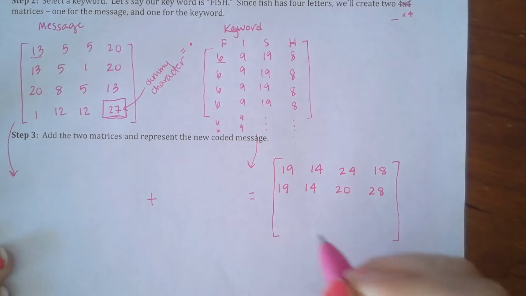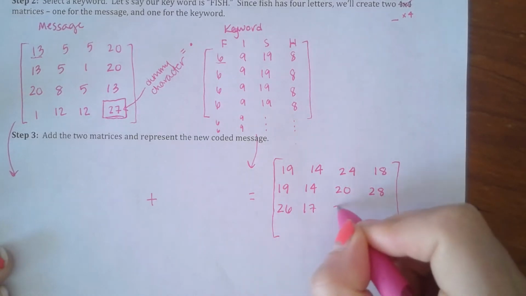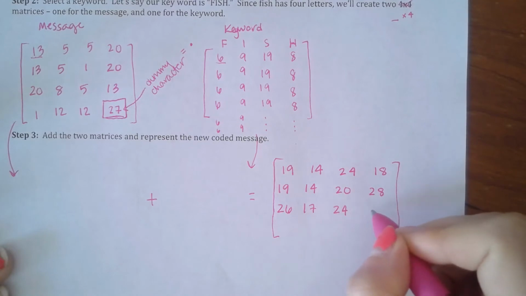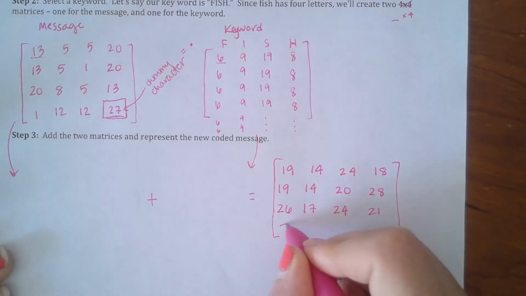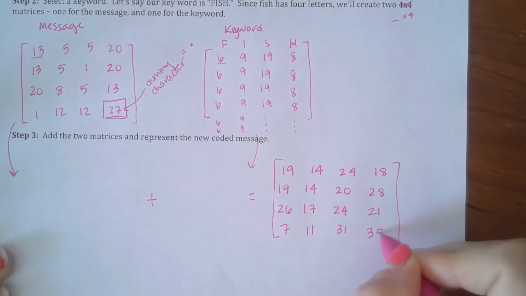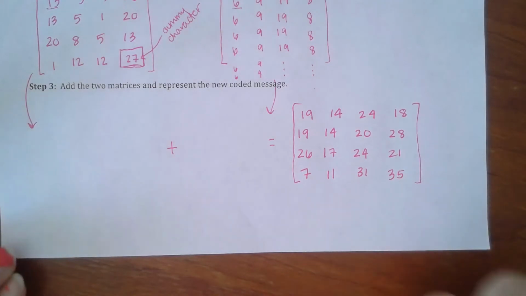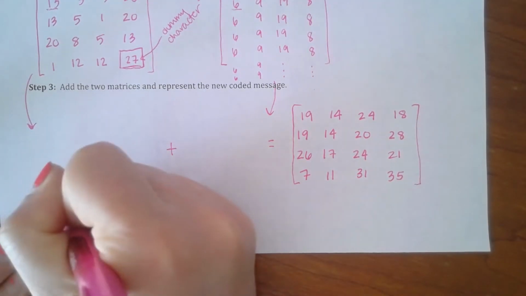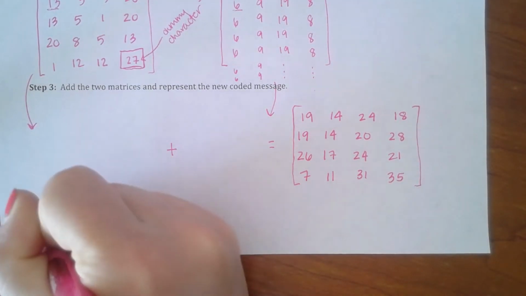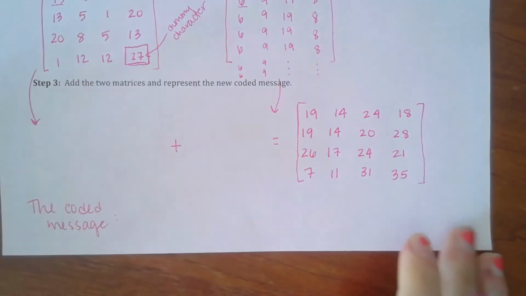So I'll just give you the resulting matrix, so that we don't have to spend a bunch of time adding up things. And so that means that the coded message is not represented obviously as a matrix, but we used our matrix to get there.